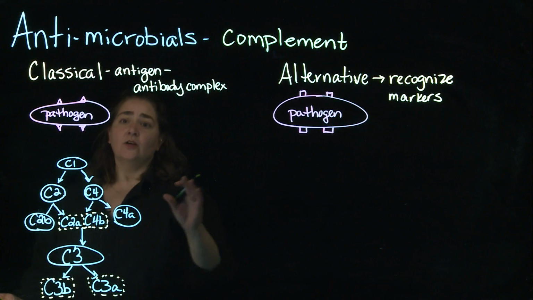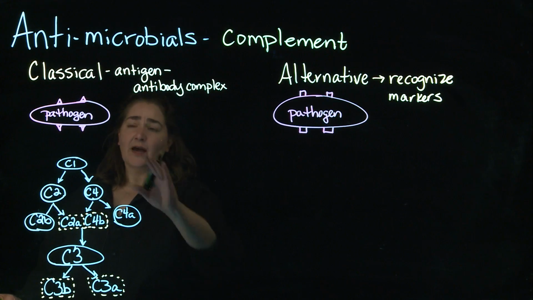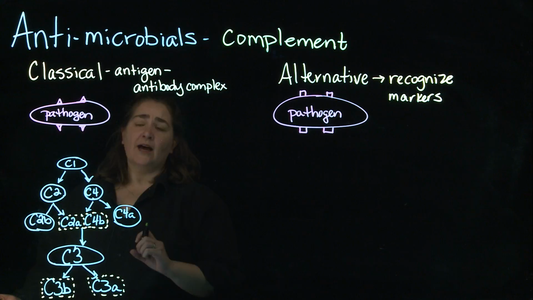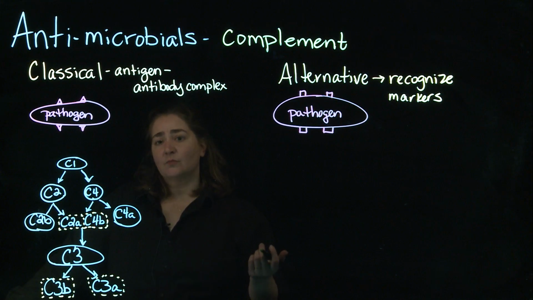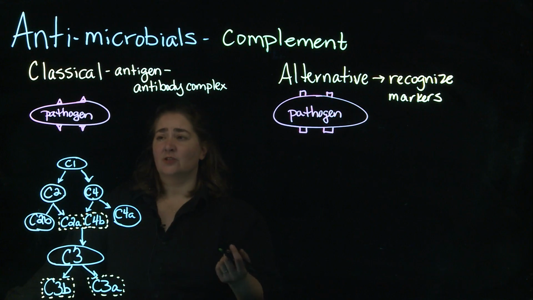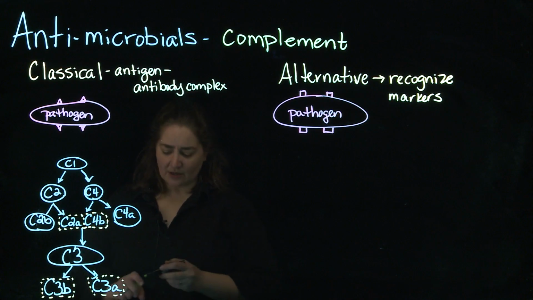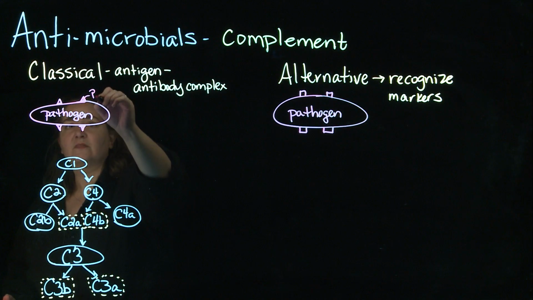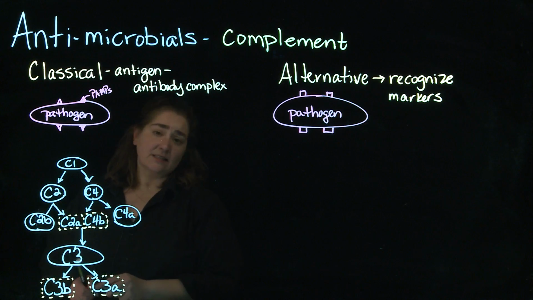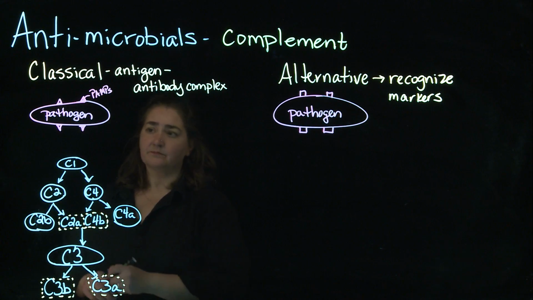In terms of our classical pathway, you're going to have a pathogen that's going to be circulating. It might be bacteria. Most often it's going to be bacterial in nature. Those bacteria are going to have those PAMPs on the outside that are going to tag it as something that doesn't belong.